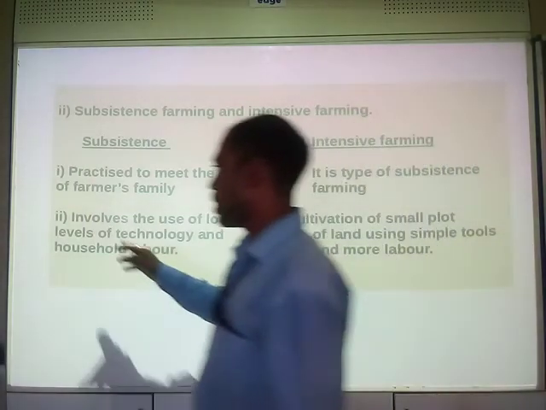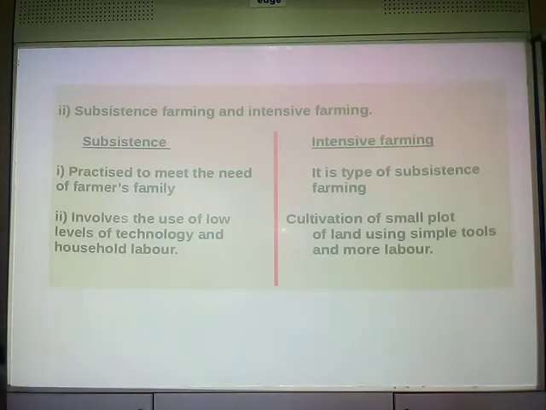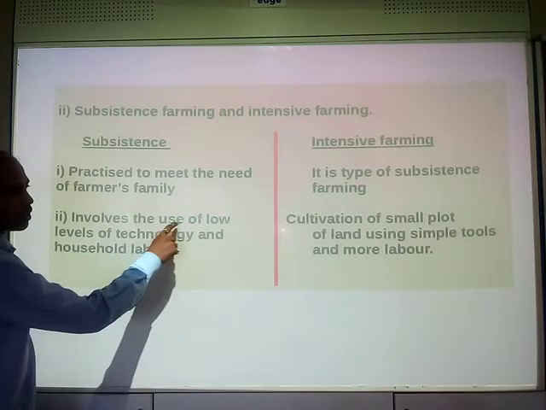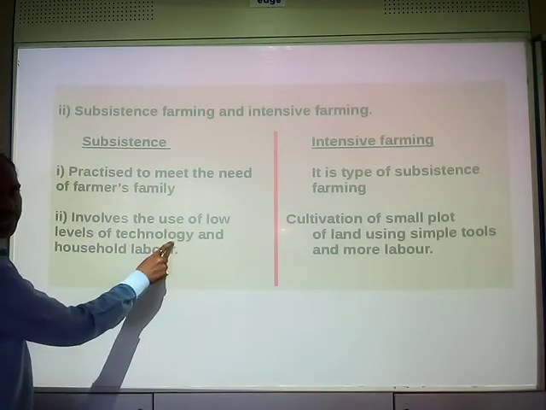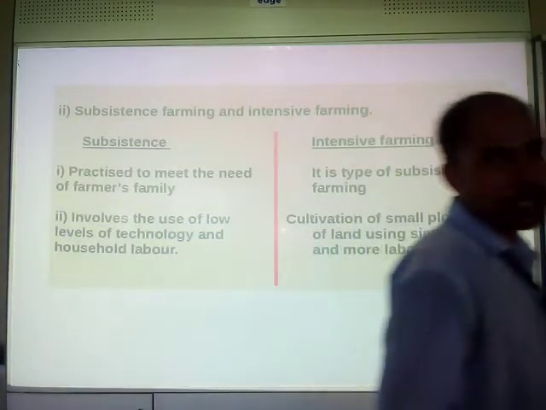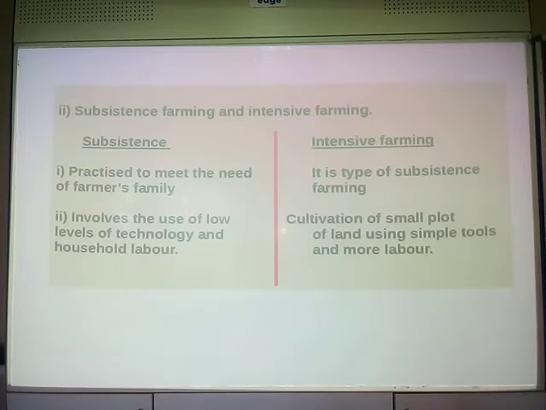Okay. Another point of difference: subsistence farming involves the use of a low level of technology and household labor. We use household labor, less number of labor and a low level of technology, or maybe labor may be required but a low level of technology. That means simple tools are used along with labor.